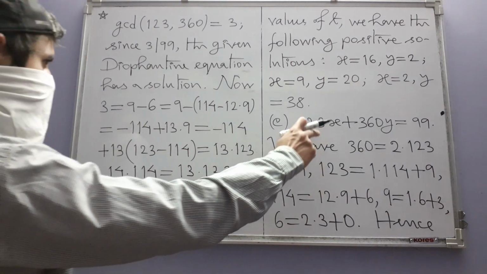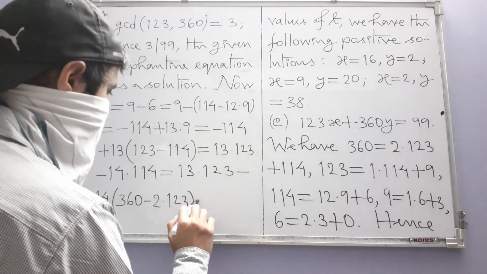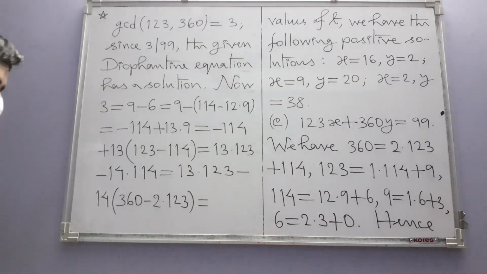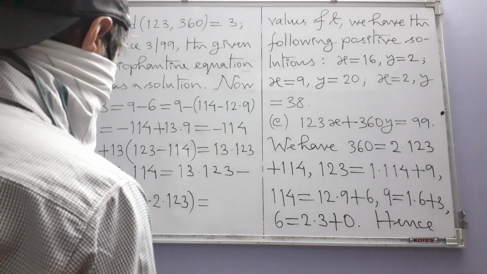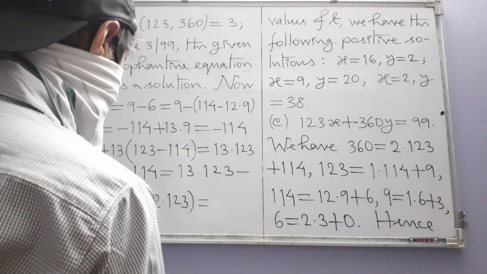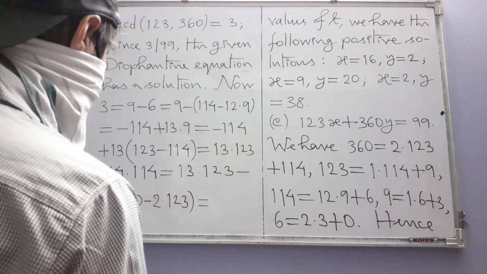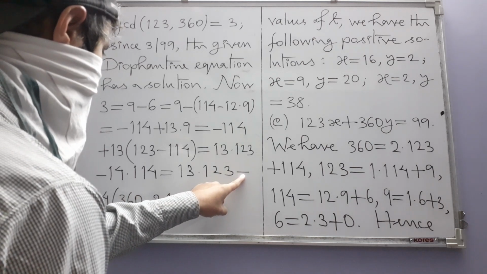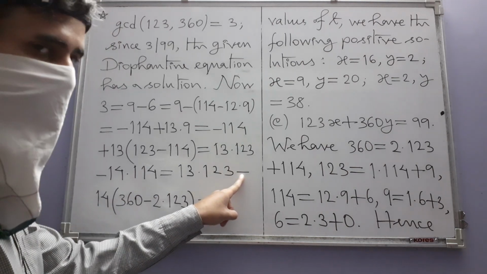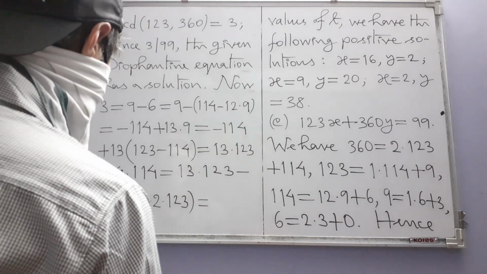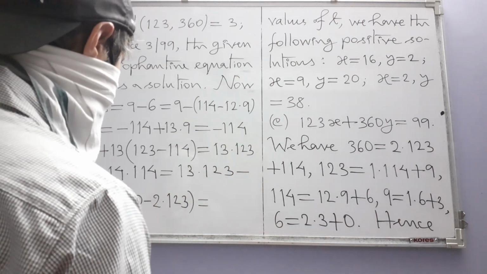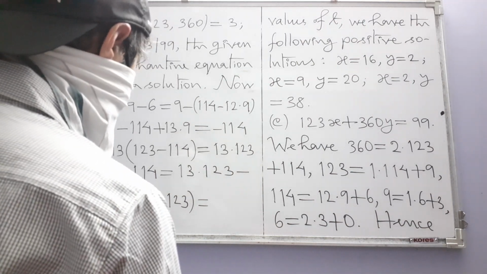So the original equation starts with 123, so we are going to first of all write the 123. So this is what? Minus 14 times, do not forget that there is a minus sign here. So minus 14 times 2 is 28.